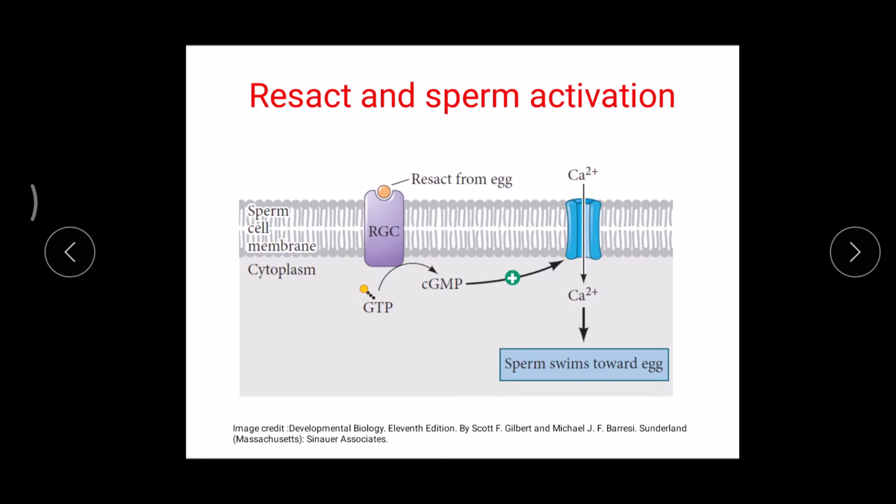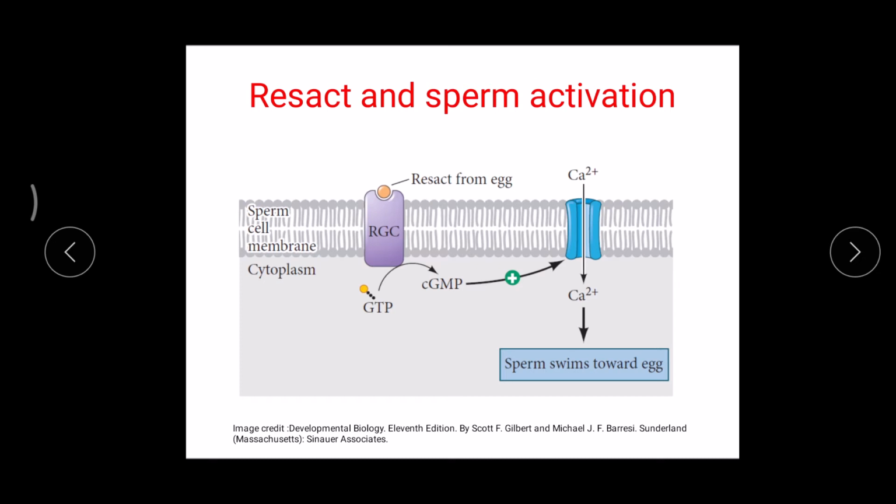In this figure, we can see that the RESACT molecule is species specific and it activates sperm of its own species only. So the RESACT from the egg jelly binds to the extracellular side of this receptor guanylyl cyclase, which is inactive. Binding of RESACT activates it and converts GTP to cyclic GMP. This cyclic GMP opens calcium channels in the sperm membrane, allowing calcium to enter the sperm.